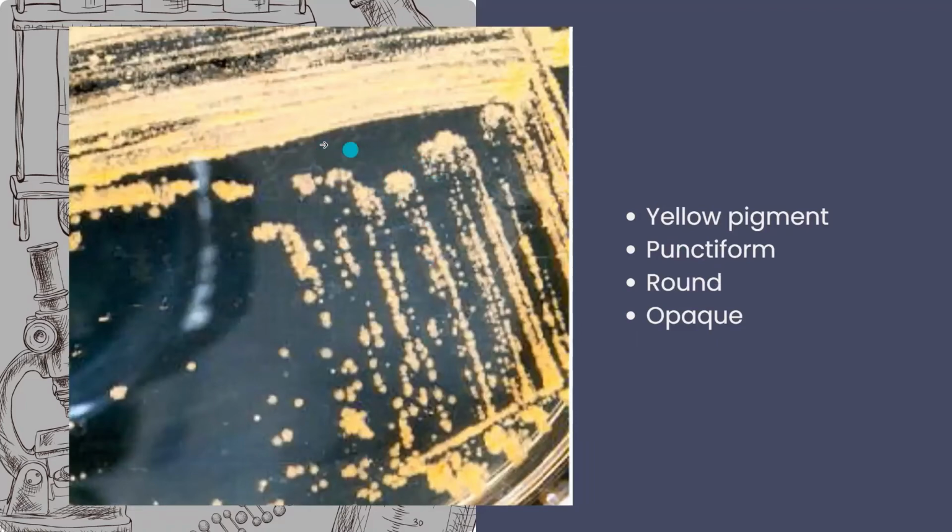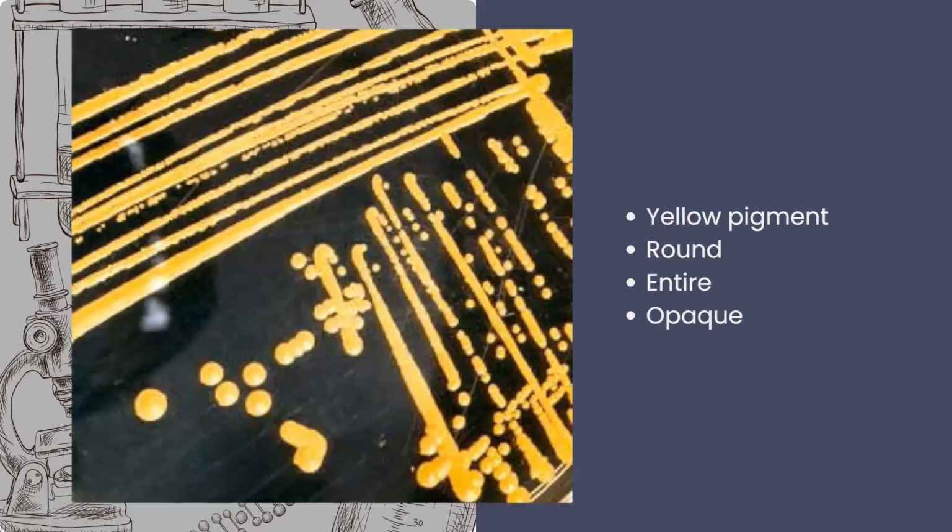This one here has a yellow pigment. It is punctiform, round in shape, and is opaque. This one has a yellow pigment, also round, entire, and is also opaque.